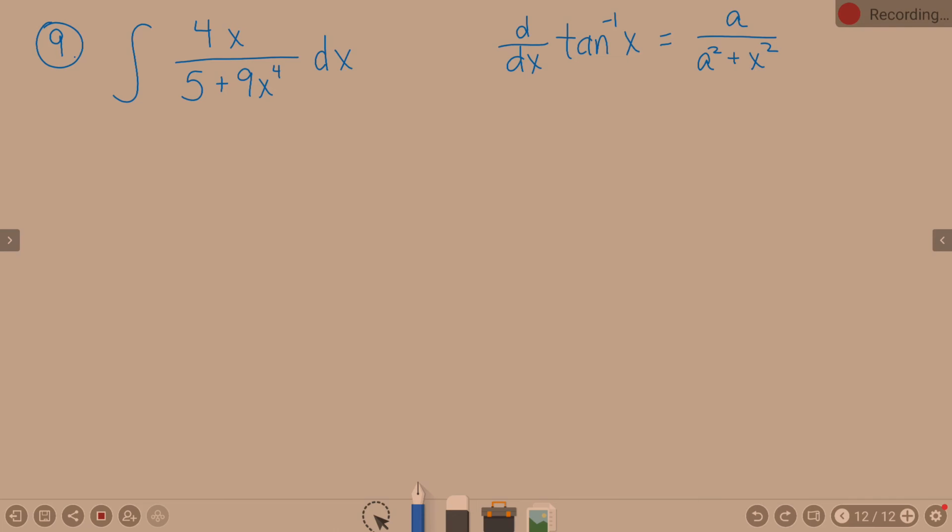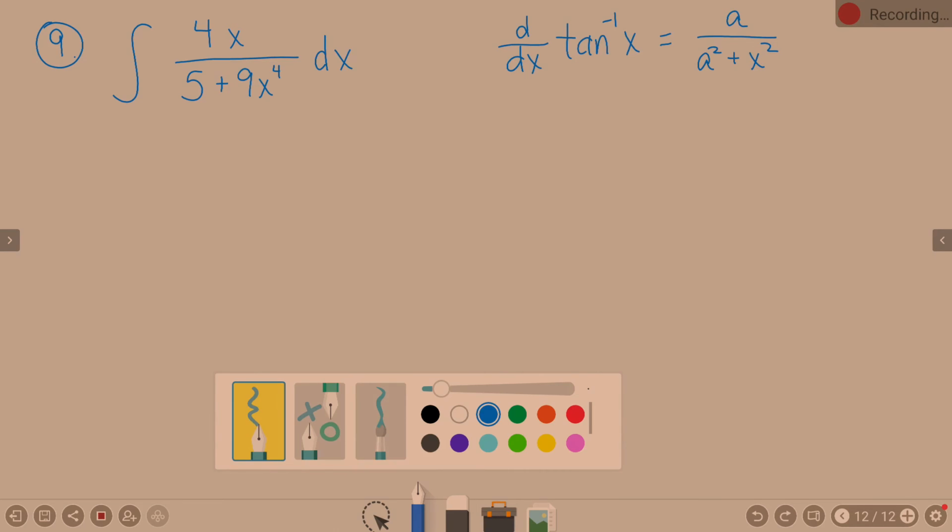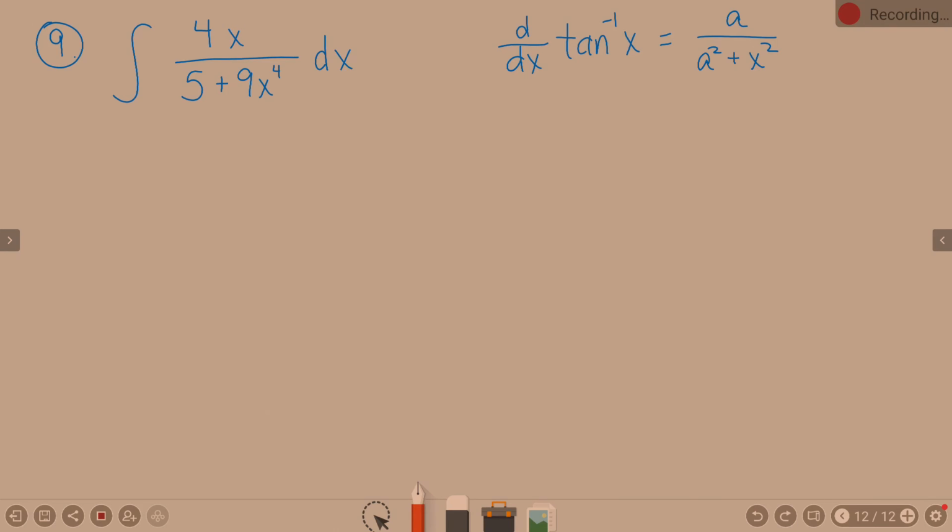As we try and tear this up, a couple of pieces of information. As we think about this being a squared plus x squared, my a is going to be square root of 5, because a squared is in place of 5. My quote x value, I have to be careful there: 9x to the 4th is the same as saying 3x squared.